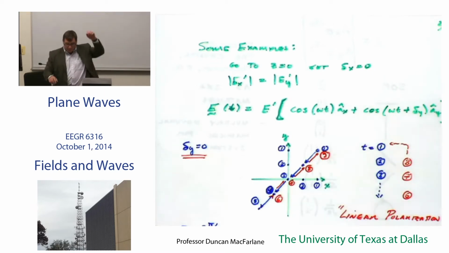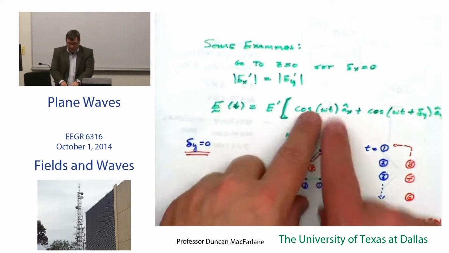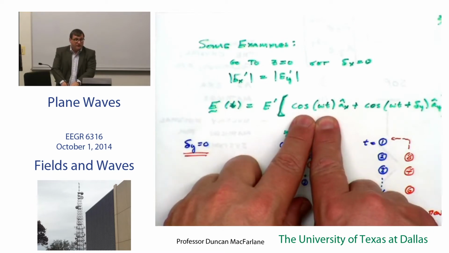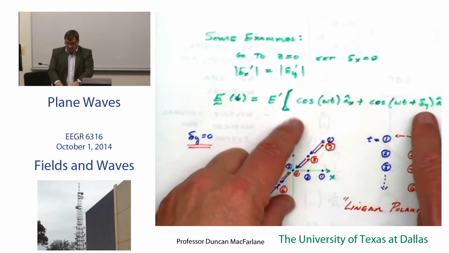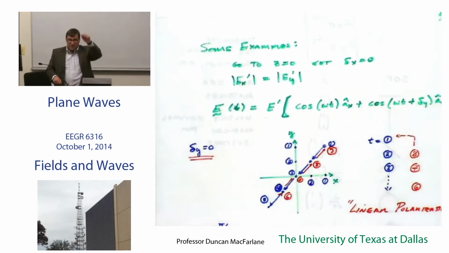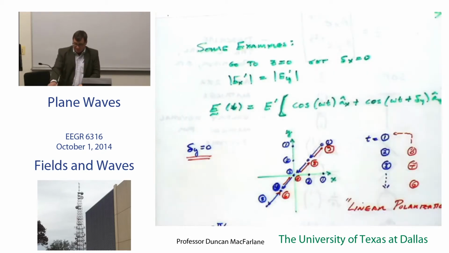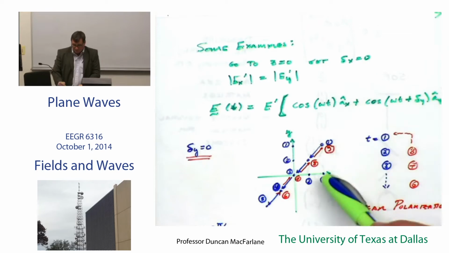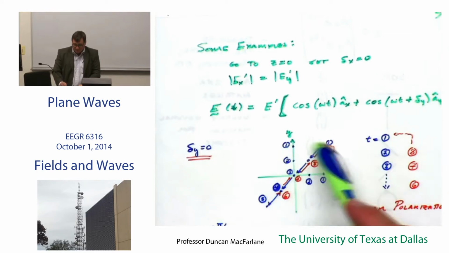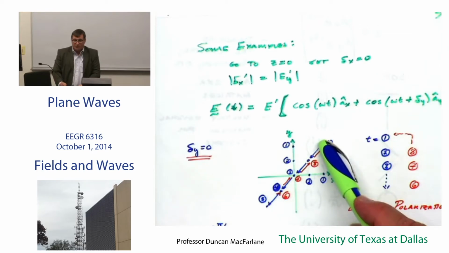At time t equals 1, this term is maximal, and this term is maximal. So y and x are both maximum, and this point here is the resultant vector of an x and a y, both maximal at that point.